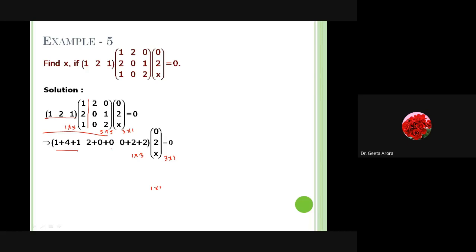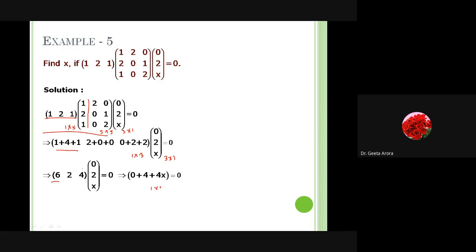Okay? So if we see, here we are getting 6 and 4, and it is still to be multiplied with the column matrix 0, 2, x, and now it is 1 comma 3 and 3 comma 1. It means if I now find the product, it will give me a single expression. And how are we doing it? Again it is row elements with the column elements and their sum.